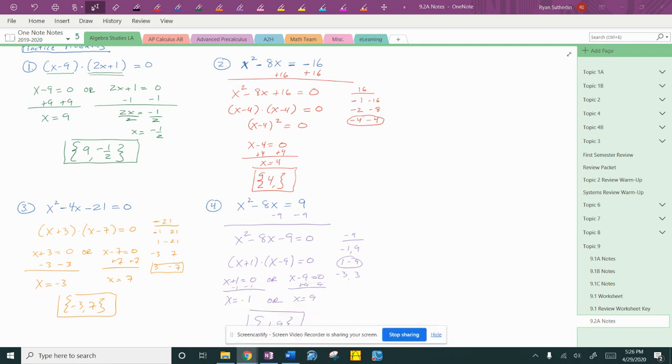If they're like 2, 3, or 4, where they're not factored yet, you've got to make sure before you factor that they are equal to 0. You may move things around for that to happen. Then you factor each quadratic like we did earlier in the year, and then set up your two equations, or sometimes one equation, and solve for x. And that is how you solve by factoring.